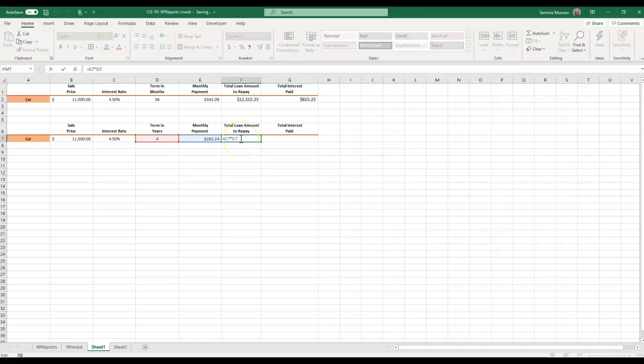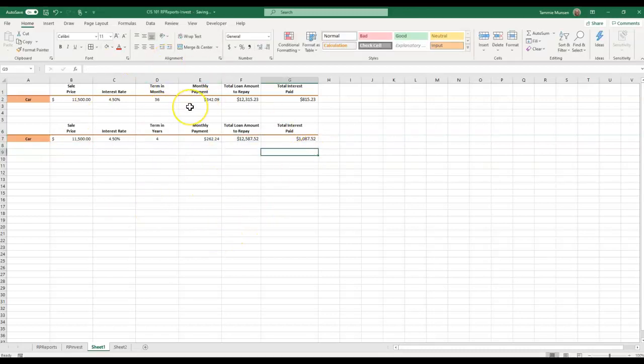E7 times D7 times 12. I forgot to multiply that by 12 because D7 is only in years. We have to make it in months. And so then what am I going to pay back? I'm going to do equals F7 subtract B7, and that tells me what I'm going to pay back.